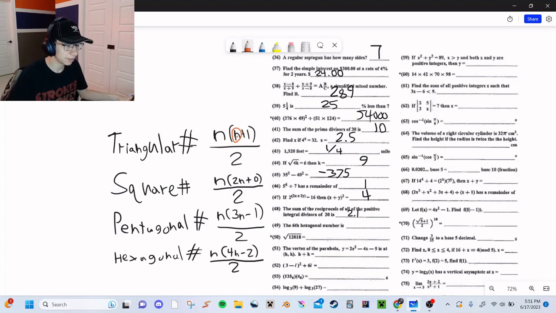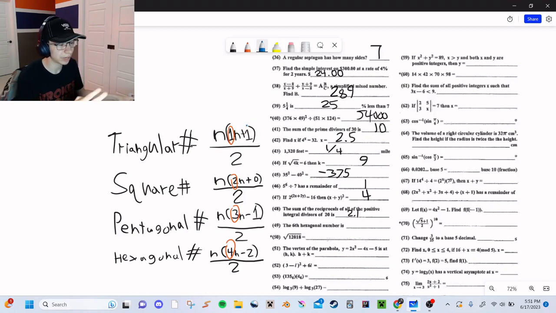The pattern here is that this n coefficient, which, in this first case, is technically 1, right? These coefficients are always increasing. Triangular, square, pentagonal, hexagonal, always increasing by 1.